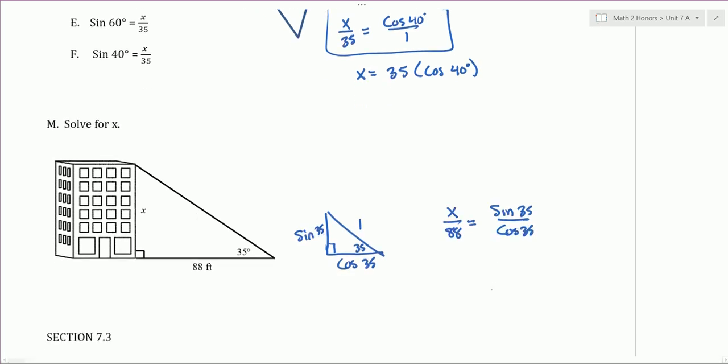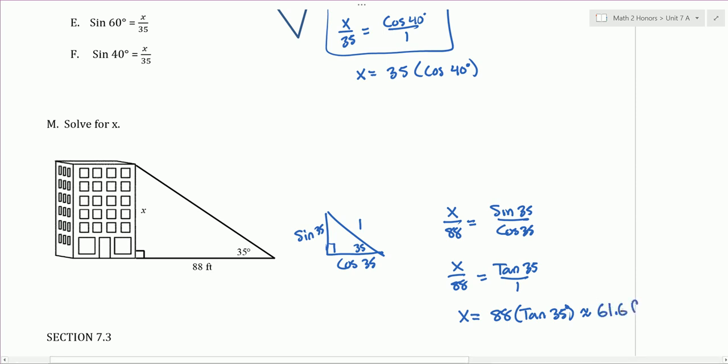Sine over cosine is tangent, so this is x over 88 is tangent 35 over 1. When you cross multiply, you end up with x is equal to 88 times the tangent of 35 degrees. Use your calculator, and you get roughly 61.6 feet.